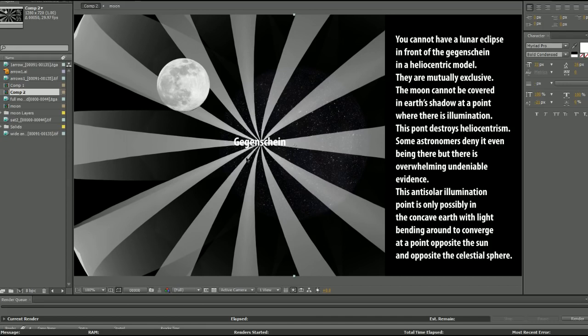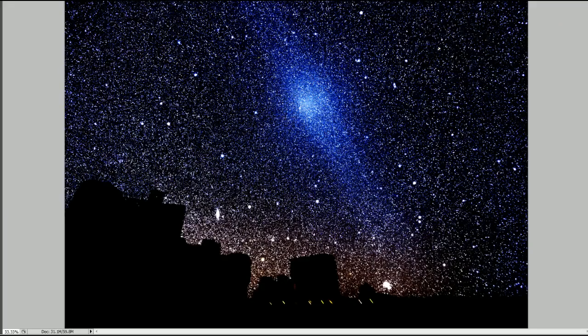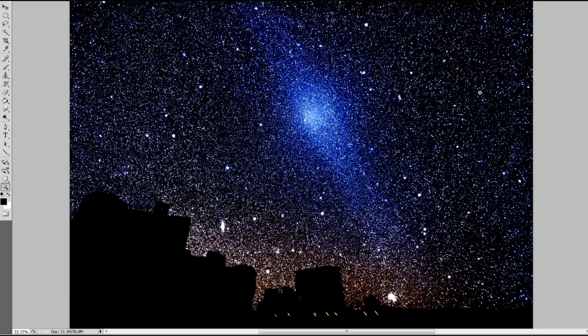This Gegenschein point is a bright spot, and that's where the lunar eclipse supposedly happens. There's an image in Photoshop of the Gegenschein. Now they will say it's oval in shape, but what I did is I boosted up the curves.